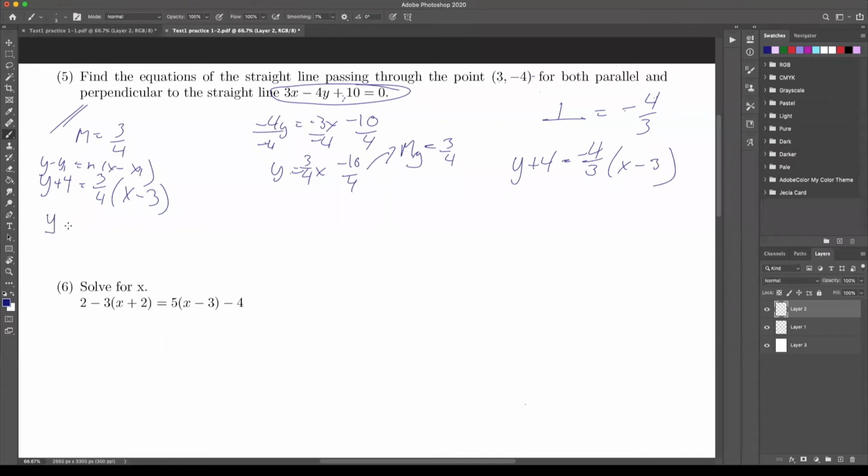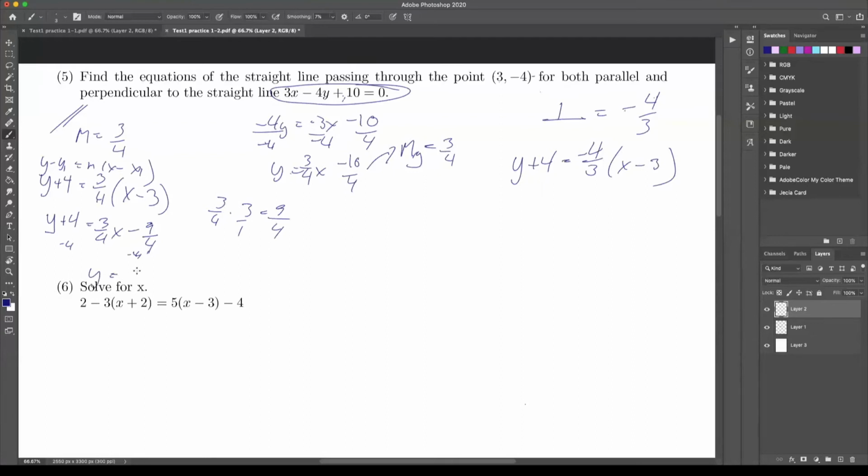So I have y +4 equals 3/4 x minus 9/4. So 3/4 times 3 is equal to 9/4, because this 3 is the same as 3/1. And then we're going to just subtract 4 from both sides.